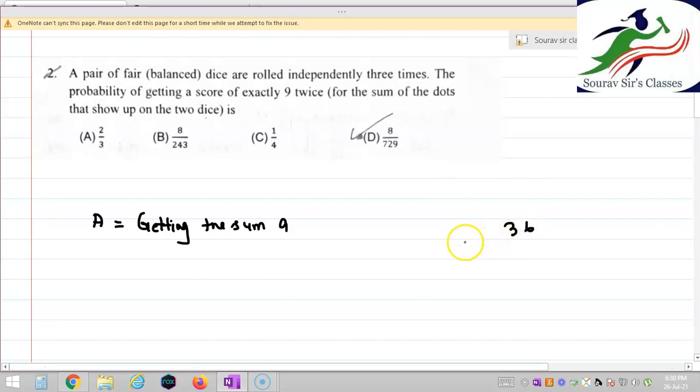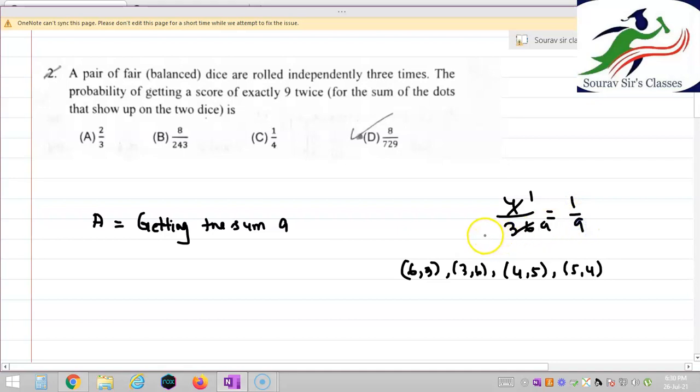Among these 36, you will get the sum 9 if you get 6 3 as well as 3 6, and 4 5 as well as 5 4. These are the only 4 possibilities of getting the sum 9. So the probability of getting the sum 9 is 4 by 36, which is equal to 1 by 9.